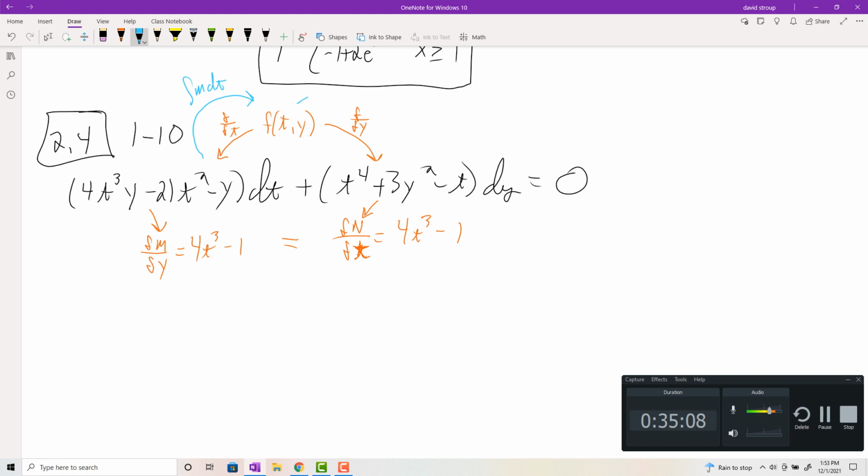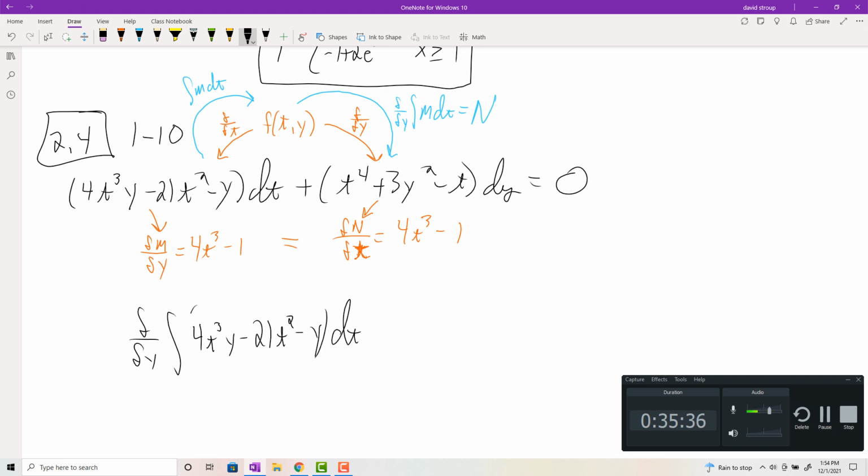Then you take the partial derivative of that with respect to y and set it equal to N. So I set up my partial derivative with respect to y of the integral of M, which is 4t cubed y minus 21t squared minus y dt, and on the right-hand side you just put N: t to the fourth plus 3y squared minus t.